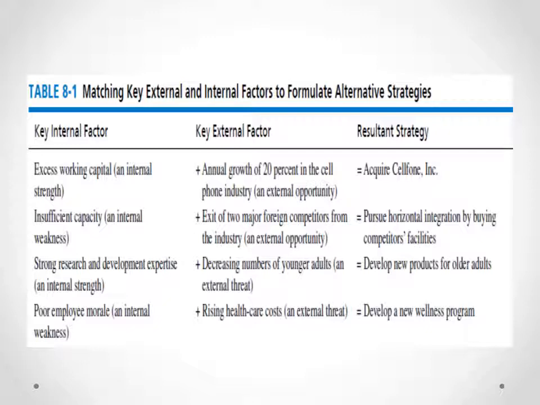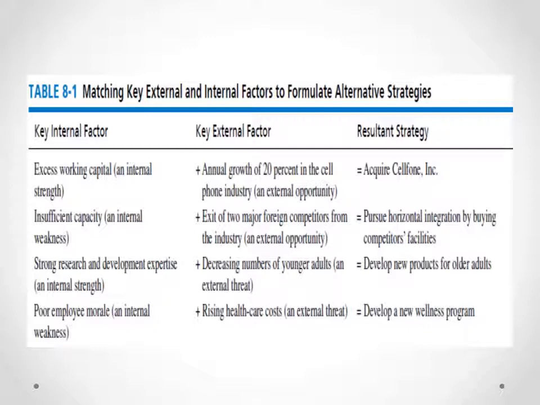And poor employee morale represents an internal weakness. When we take the key external factors: annual growth of 20% in the cell phone industry, an external opportunity; exit of two major foreign competitors from the industry, an external opportunity; decreasing numbers of younger adults, an external threat; rising healthcare costs, an external threat.